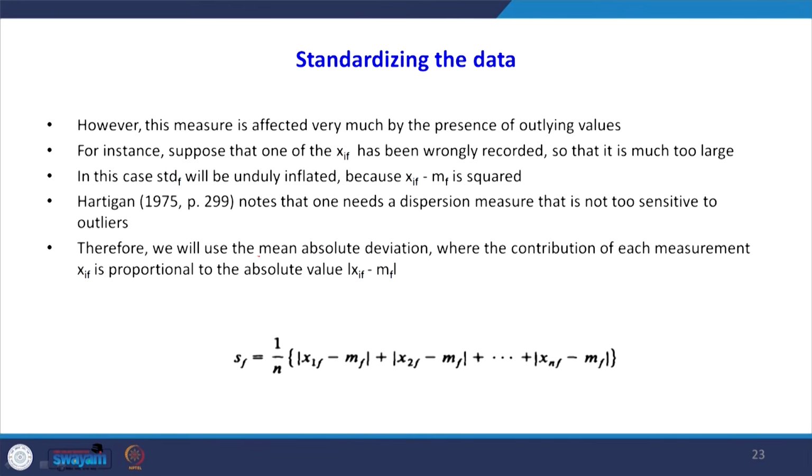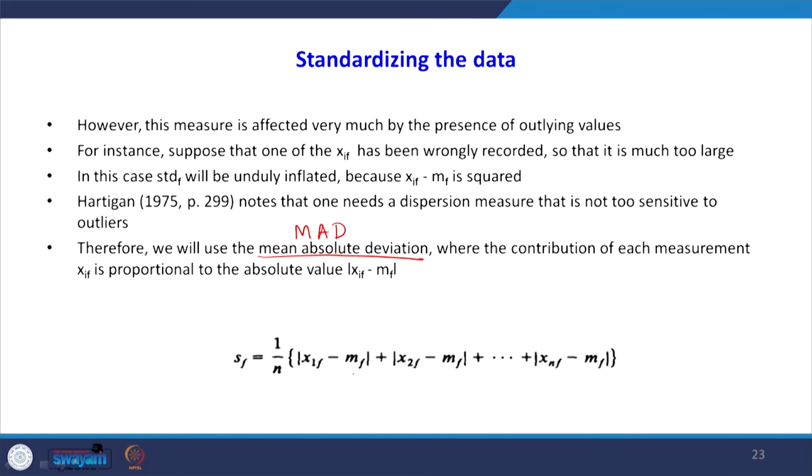We generally call this MAD, mean absolute deviation, where the contribution of each measurement x_if is proportional to the absolute value, the modulus value, of x_if minus m_f. So, instead of squaring, to standardize we are going to take only the mean absolute deviation.